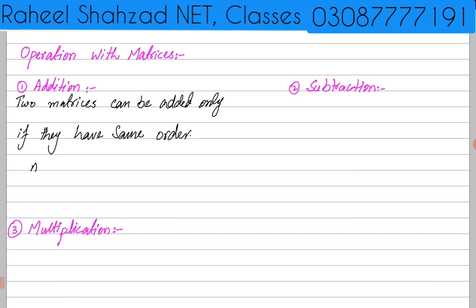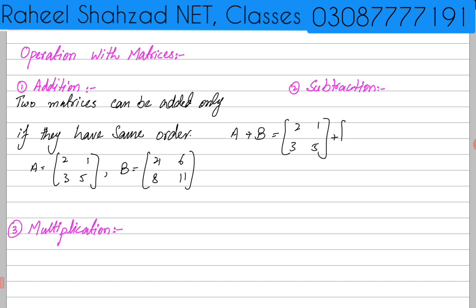For example, if we have a matrix A as 2 1 3 5 plus B as the matrix 4 6 8 11, and you want to find A plus B, that is 2 1 3 5 plus 4 6 8 11.